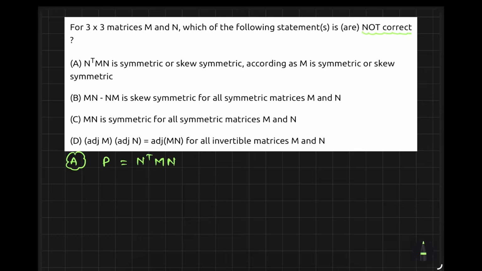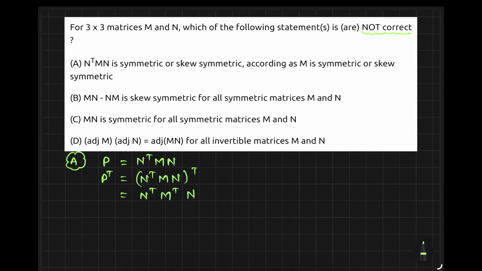To check, we will take transpose both sides. So P transpose equals N transpose M N whole transpose. You know that while taking transpose, if it is in a product, the order changes. So can I write N transpose, M transpose, N transpose transpose? So it will become N.